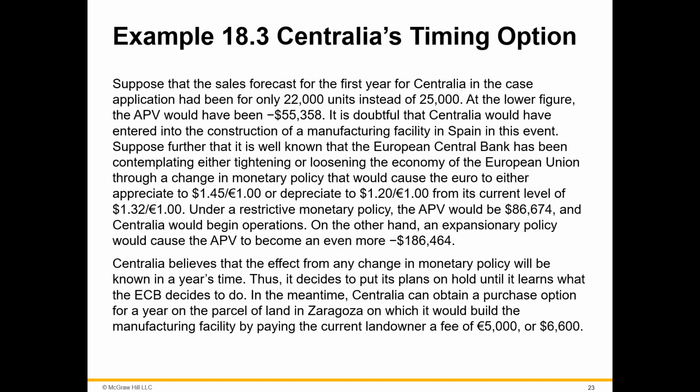But if we wait a year, then we'll know which of these two is true. If it's expansionary, then we know not to do it. If it's restrictive, then we'll know to do it. And so we would like to be able to hang out and just launch it if it's good. So that's what they want to do.